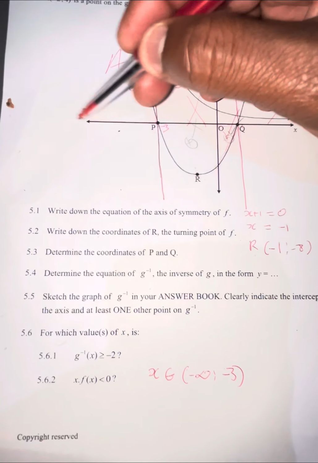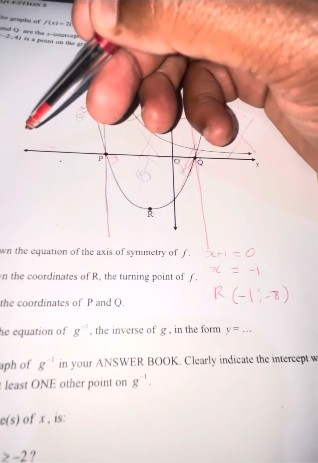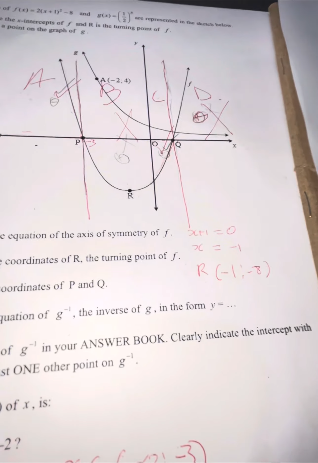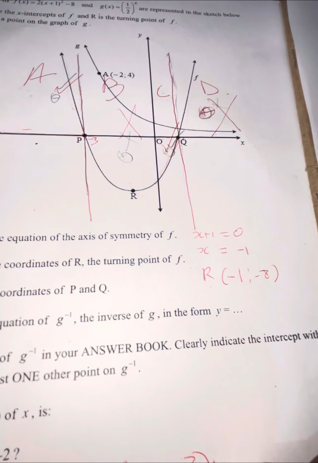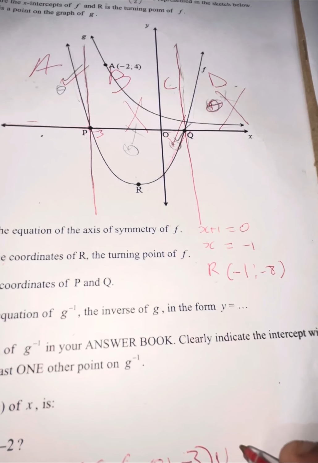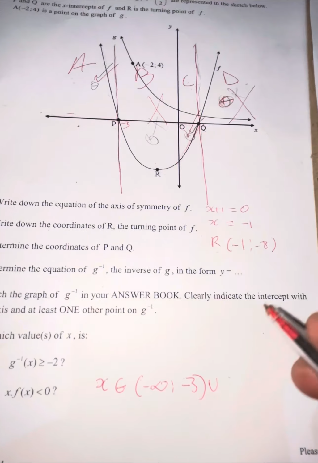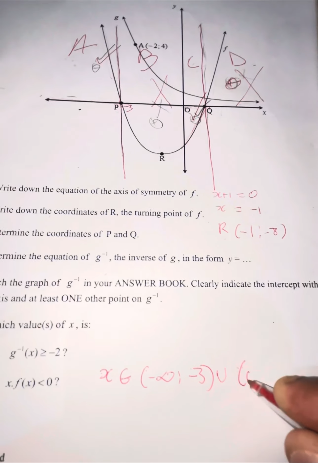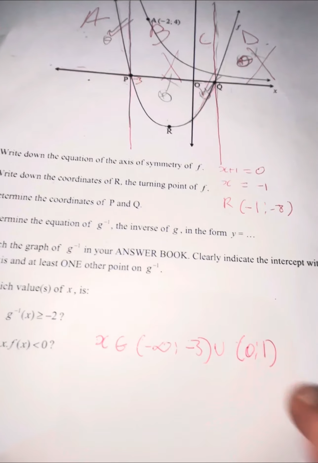So the small is -infinity because -3 is greater than -infinity. Okay, and then you say or, what? Or you check between 0 and 1. We'll say it's 0 to 1. So this is how you can write your answer.